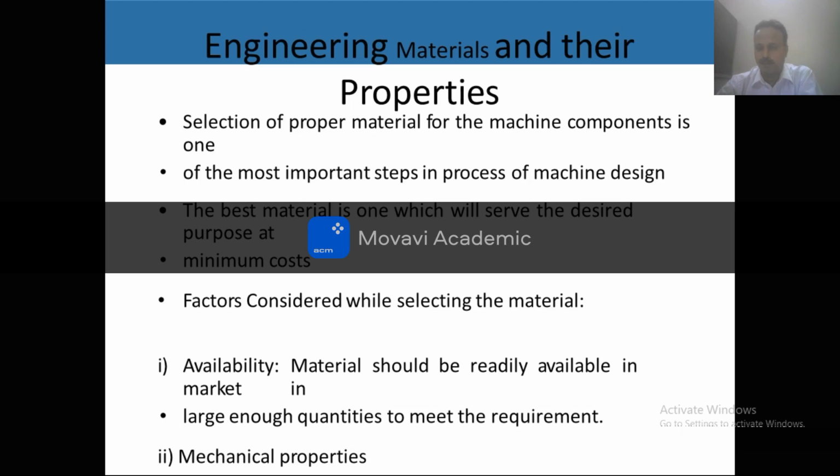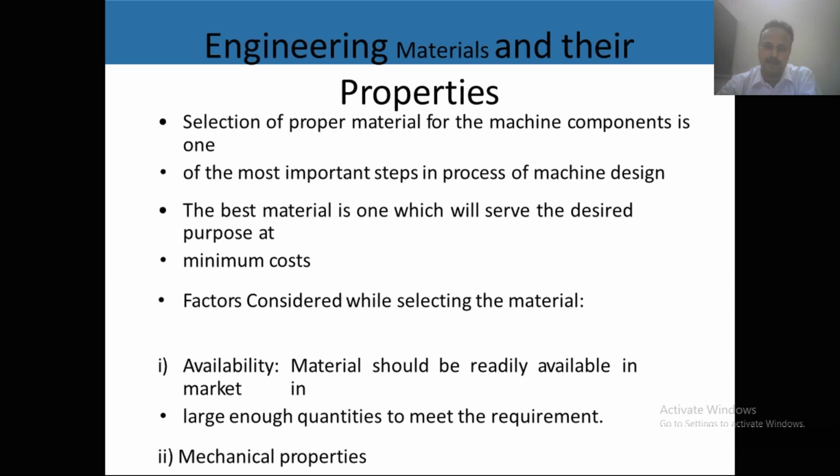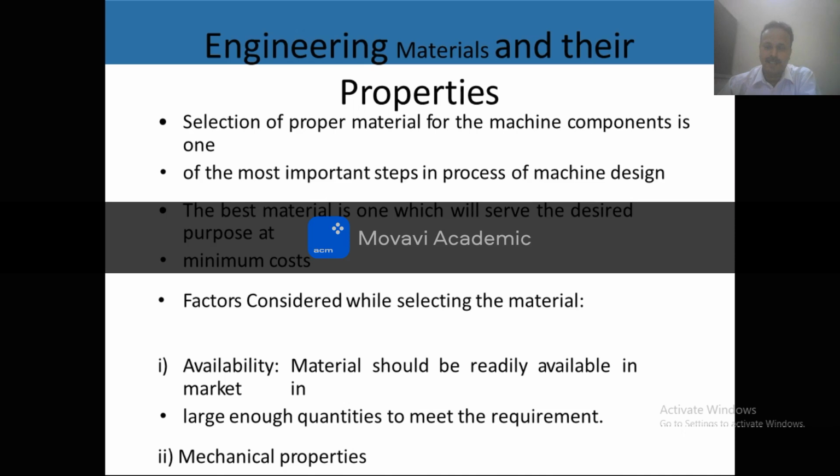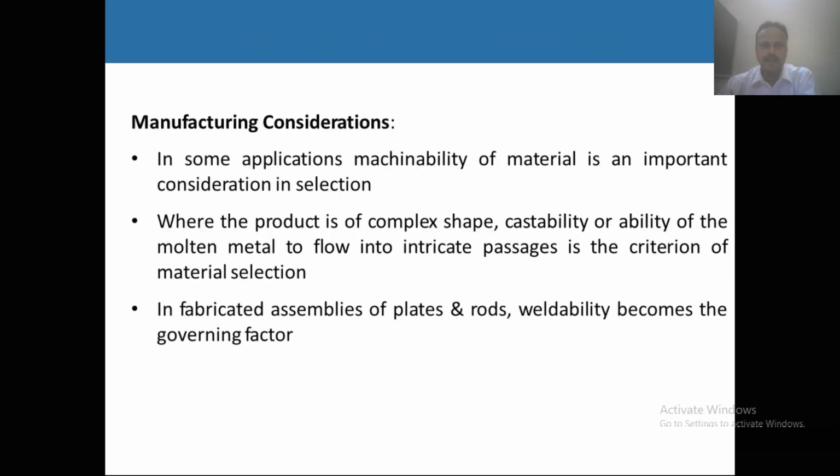We should not go for a product that is scarcely available or not readily available in the market. The material also depends on the mechanical properties. Mechanical properties are of two types. One is what is justified and the next one is what is available. So you can have n number of mechanical properties that you require, but you have to also see what is available in the market.